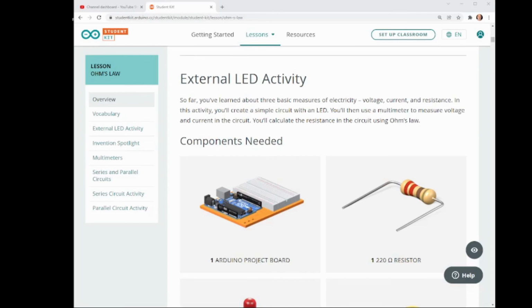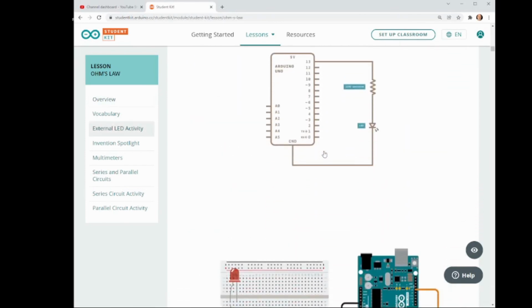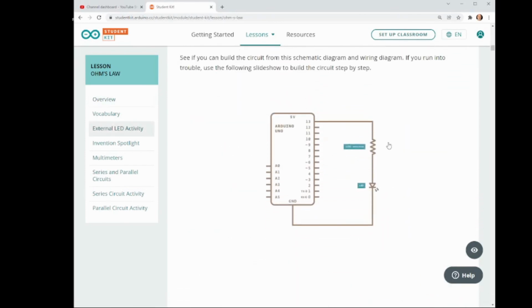In your Student Kit website for Lesson 2, there are 3 activities for you to work on. The first one is called the external LED activity. And here's what the schematic looks like. We've actually talked about this circuit a lot, so you might want to try building it yourself. Very simple circuit to see if you can do that.